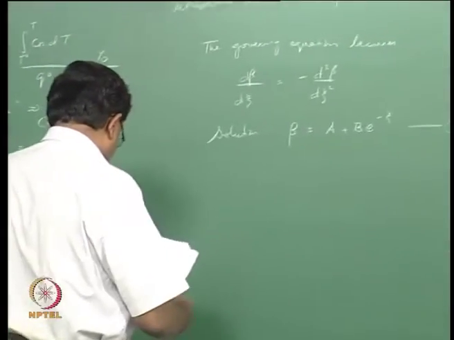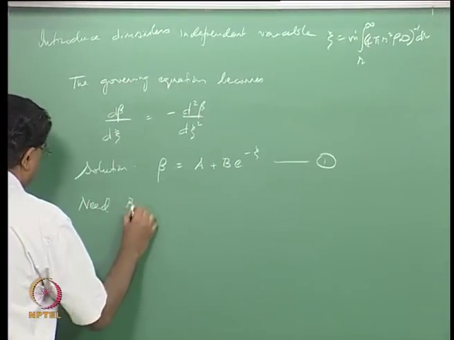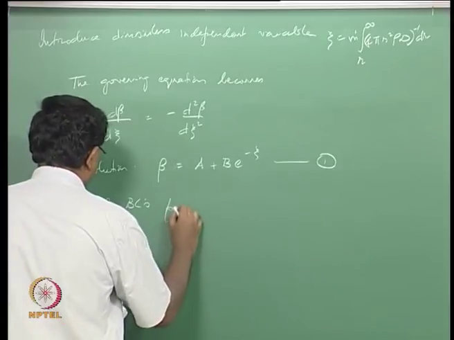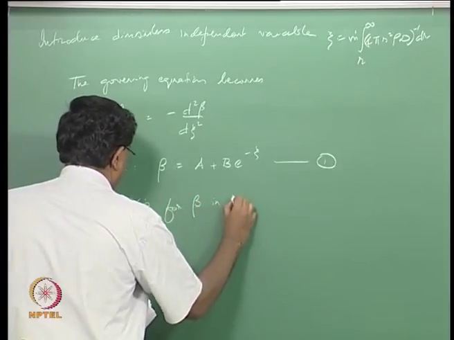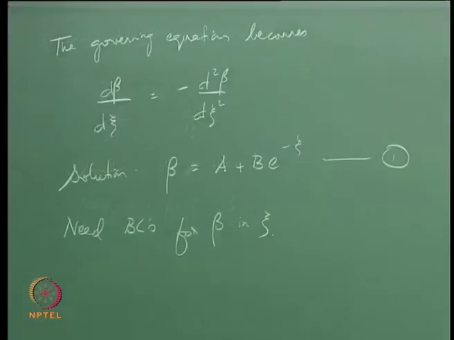So we need boundary conditions for beta and psi, right. So the first boundary condition is, you have to go back and see what is beta.